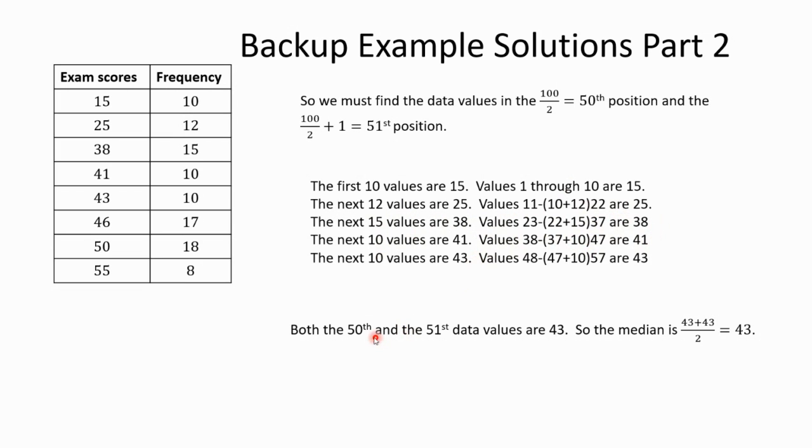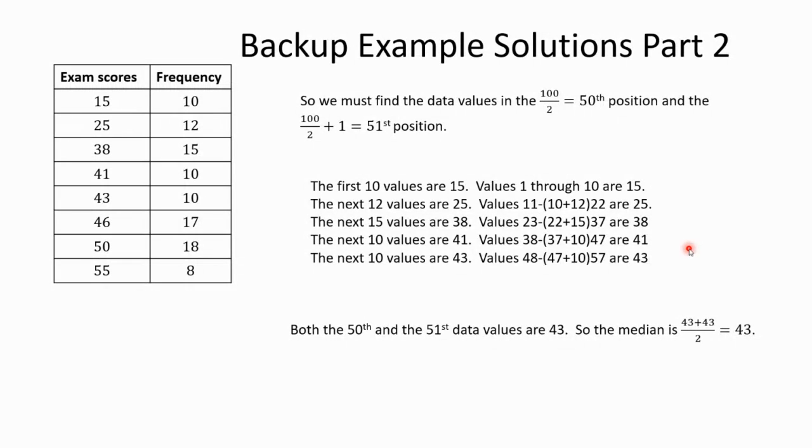So the 50th and the 51st data values both equal 43. Their average, then, the median, is 43. So that's what the median is.